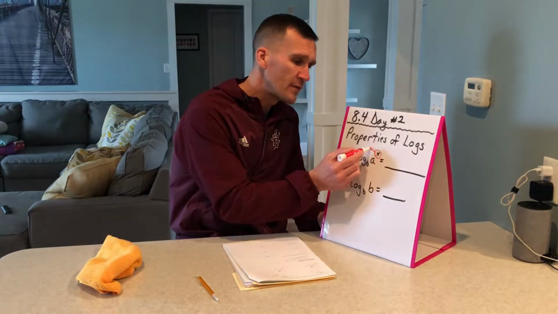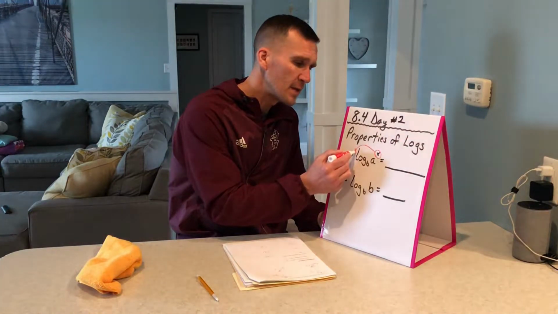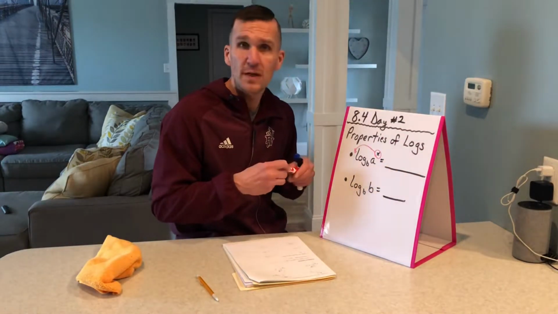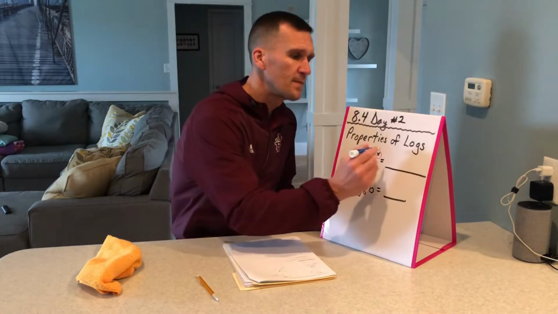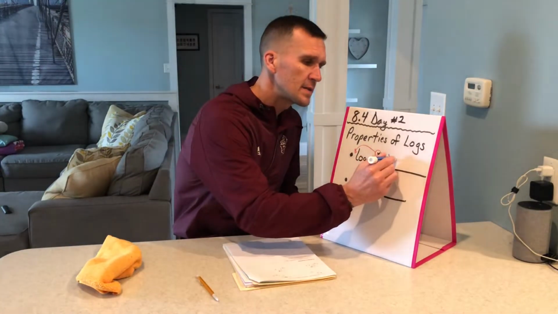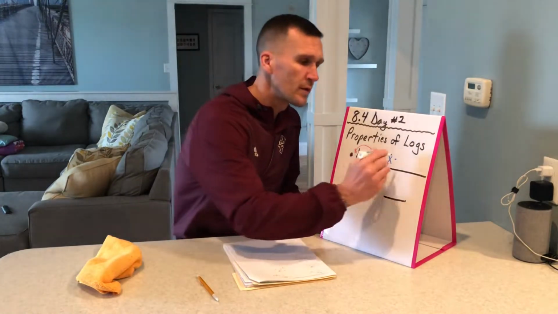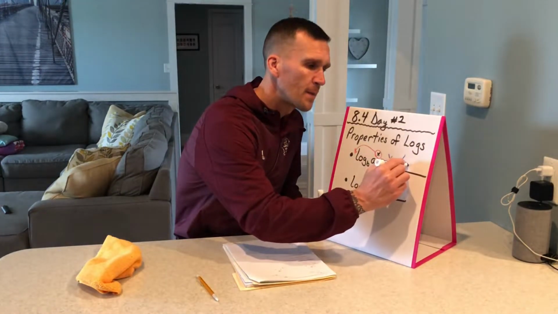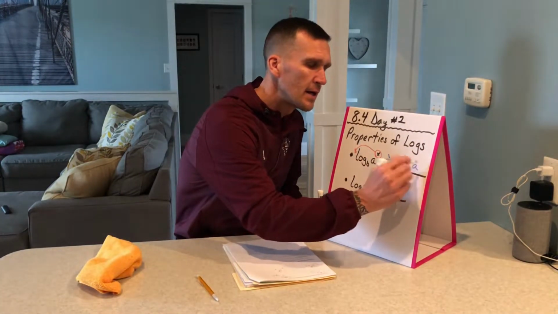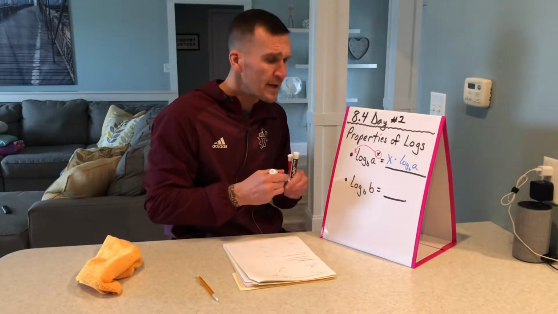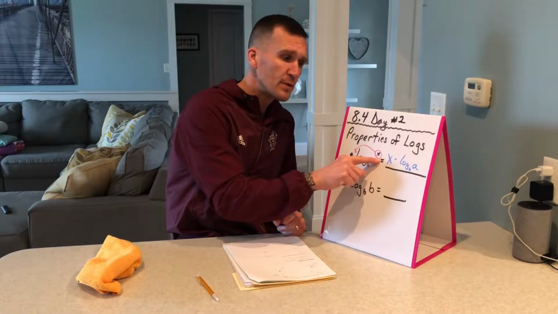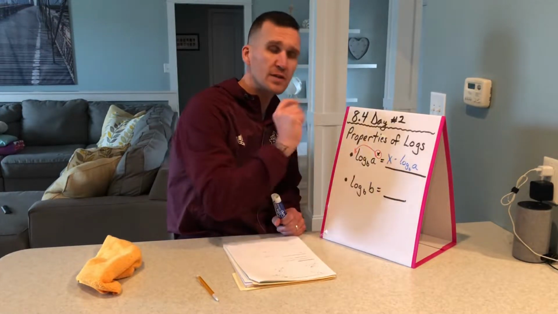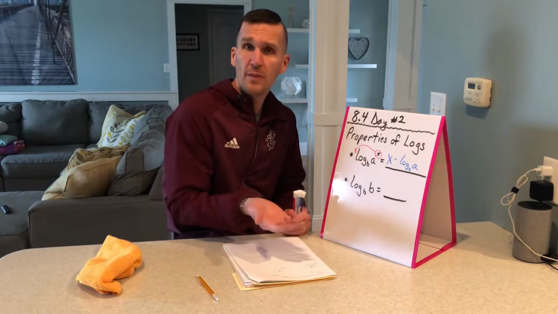It's allowed to travel down in front and become just a regular piece of multiplication. So this becomes x times the logarithm, log base b of a. Again, if the argument has an exponent, the exponent is allowed to come out in front as a piece of multiplication. That's called the power property.